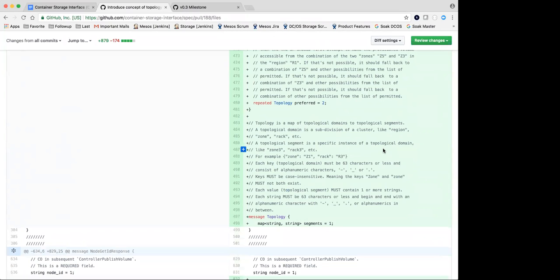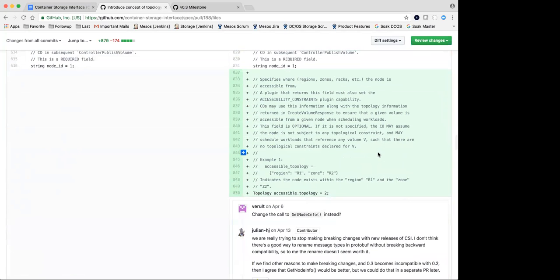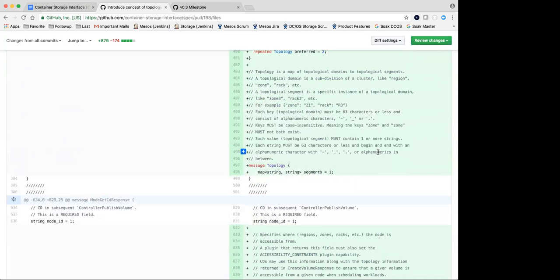And so this proposal is saying, okay, in addition to returning the node name, the plugin can also return a set of labels that apply to that node, topology labels. And then when a volume is scheduled, the CO can use that information to correlate and understand what, basically every volume also has a set of topology labels, and the CO can compare those with the node labels and understand what nodes are actually going to work with this particular volume when scheduling the workload.